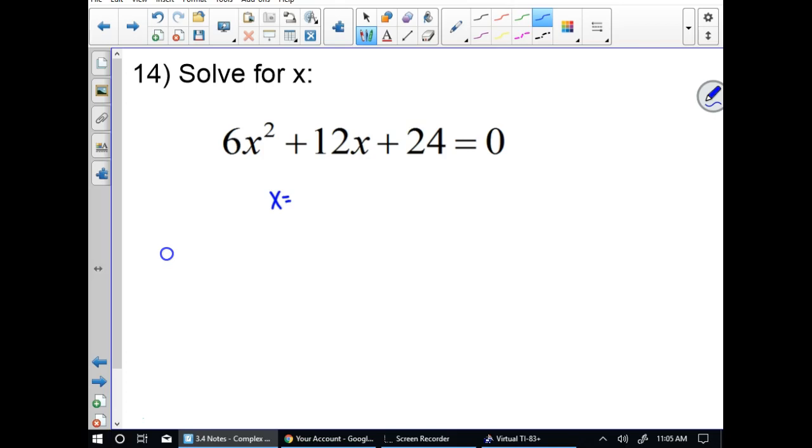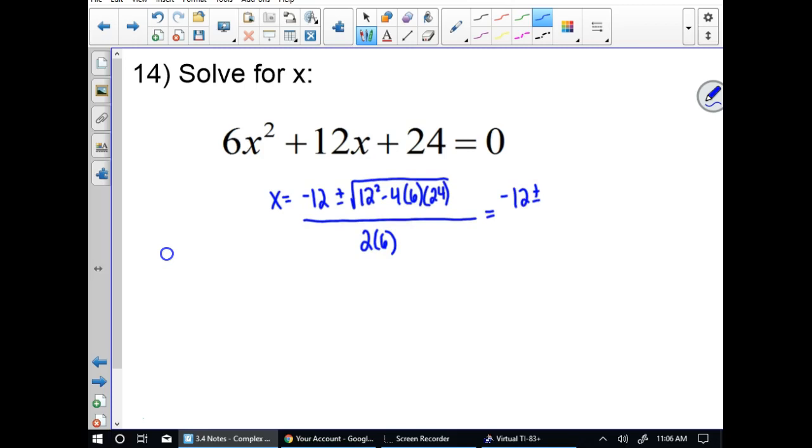All right, so if we do quadratic formula here, we're going to have negative 12 plus or minus square root 12 squared minus 4 times 6 times 24 all over 2 times 6. And so that is going to give us negative 12 plus or minus, what are you guys getting underneath that square root?